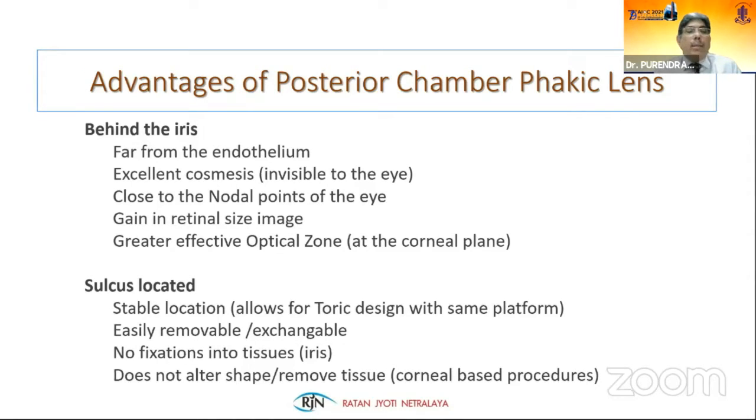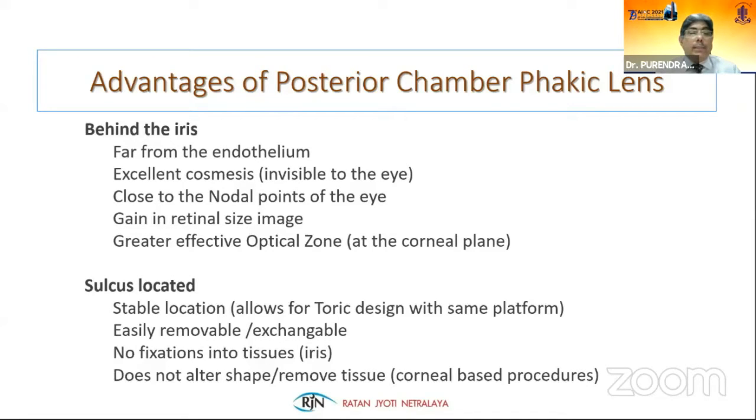There is also a greater effective optical zone because it is close to the nodal point, as compared to the corneal plane. So the chances of glare, halo, and other issues are minimized, or very, very low, in this particular type of posterior chamber phakic lens.